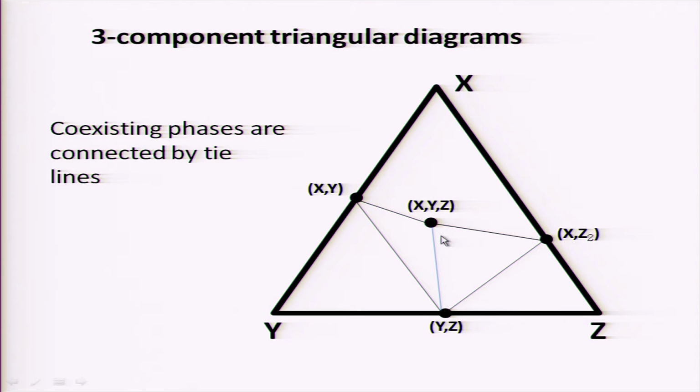When these minerals are present in such a manner that they represent good smooth grain boundary contact, we say that they are in equilibrium. And if the phases coexist, we join them. For example, in an XYZ component rock, if two minerals made up of XY and XYZ occur in a good textural situation, we can join them by a line, and these lines which join coexisting phases are called tie lines.